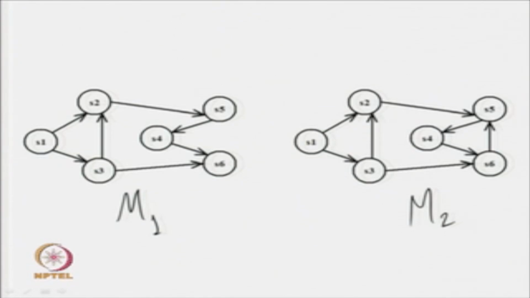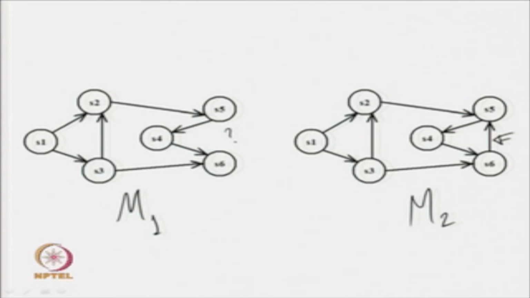But if you look into these two models M1 and M2, you will find that both are identical, but in M2 we are having one extra arrow, an extra transition. This transition is not present in M1. Whether this is going to contribute something over here.